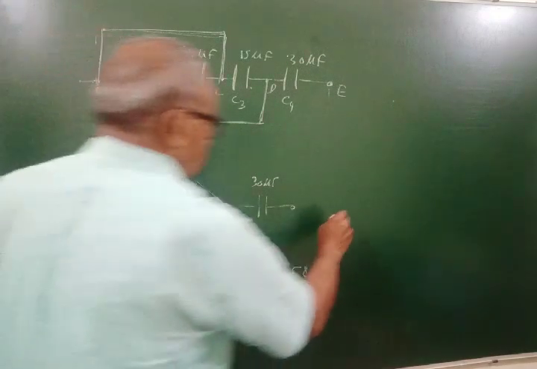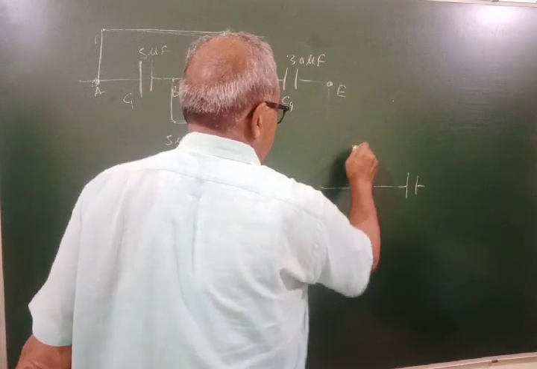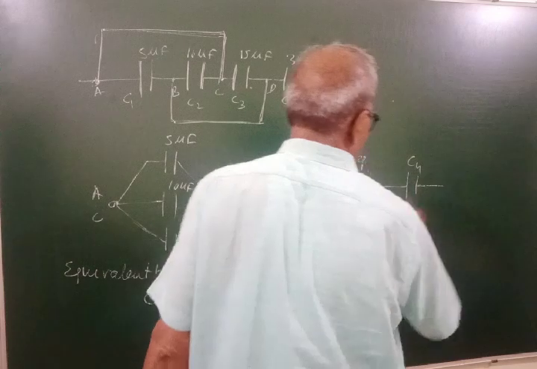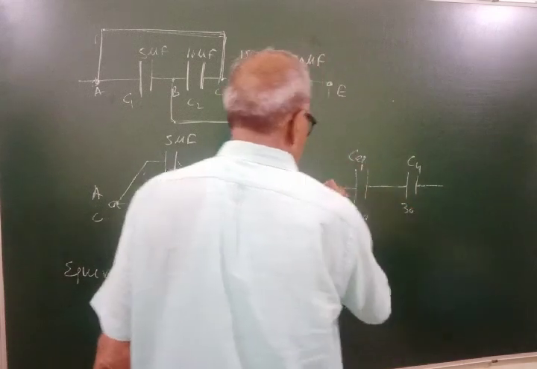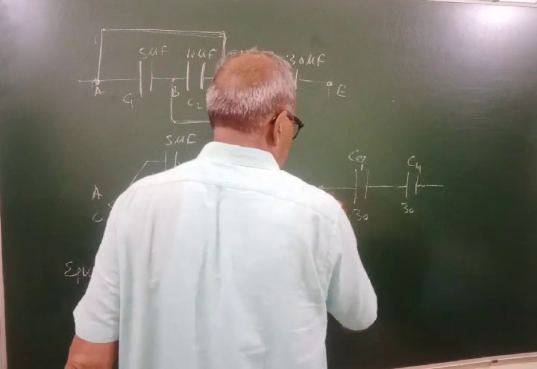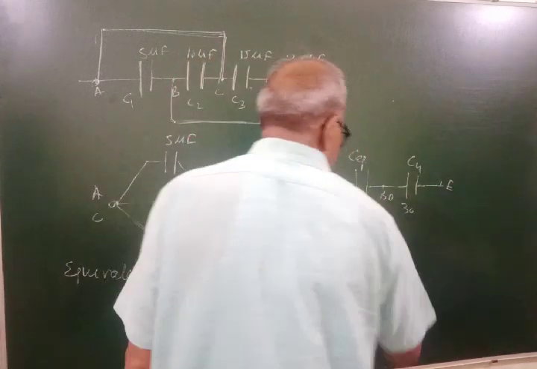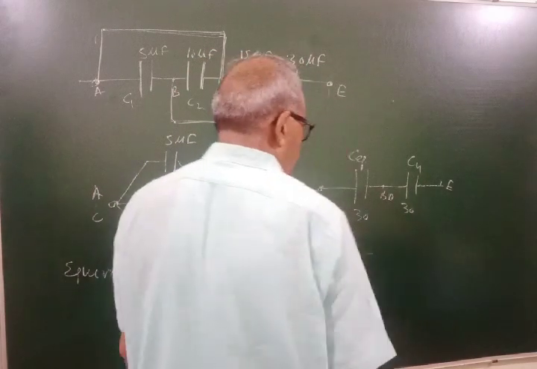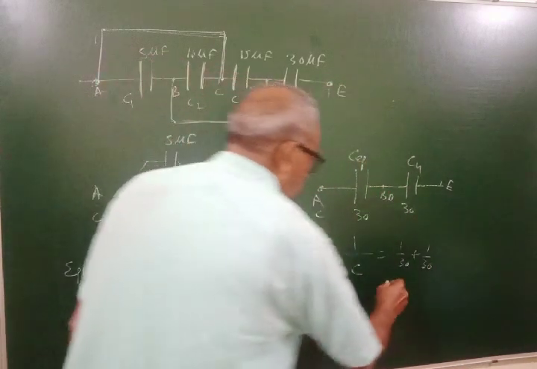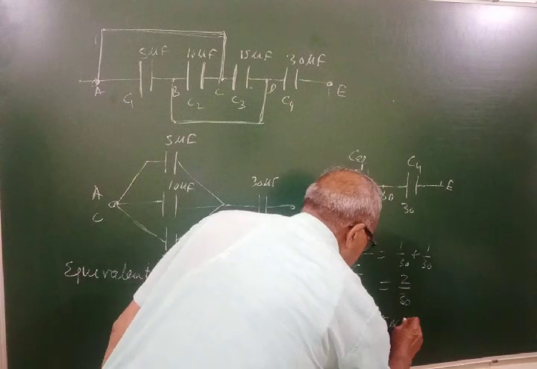Then this 30 microfarad, which is C equivalent, and this C4 of 30 microfarad. Here is point A, and C, B and D here, and this is point E. Now they are in series, so 1/C equivalent will be 1/30 plus 1/30, meaning 2/30.